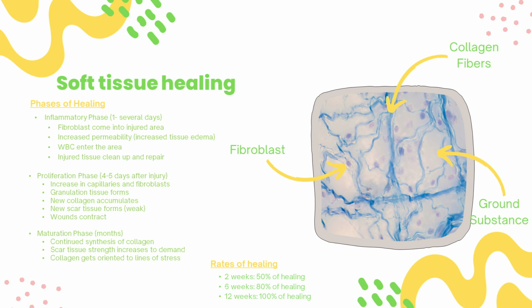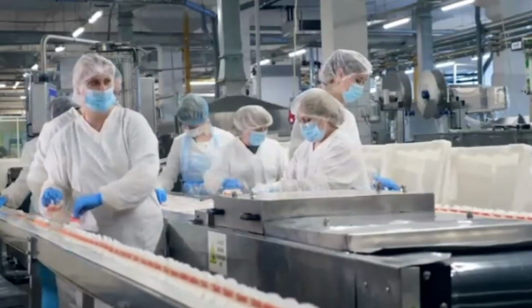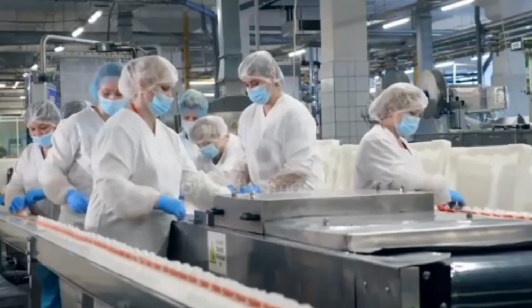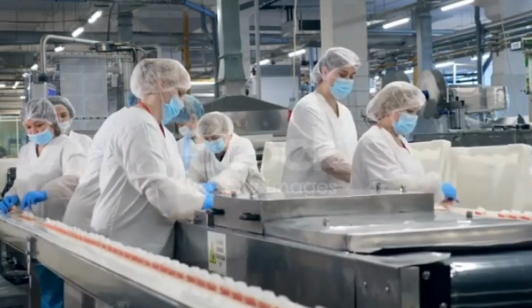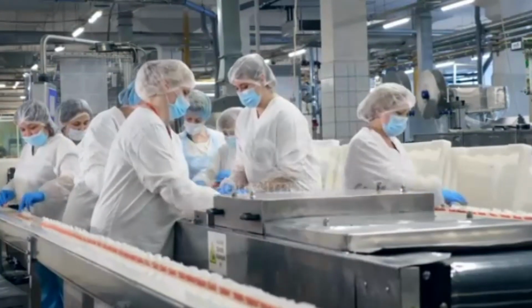And then as those fibroblasts are laying down new tissues, it's laying down new collagen. That collagen is starting to form. But in the initial stages of injury, the tissues essentially are throwing the collagen at the injury, just trying to give it as much. It's like if you're on a line and you're just trying to get all of the products moved as quickly as you can. You're on that supply line and you're just throwing those boxes down. You don't really care. You're not going to organize it right now. That's what's happening.